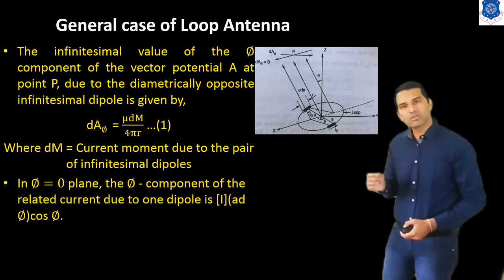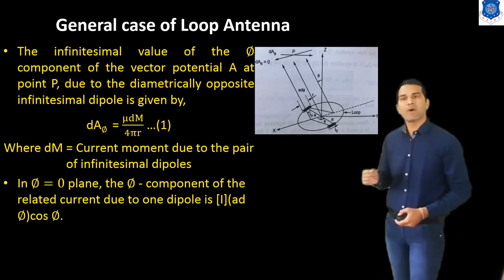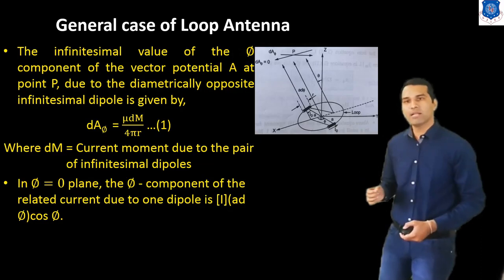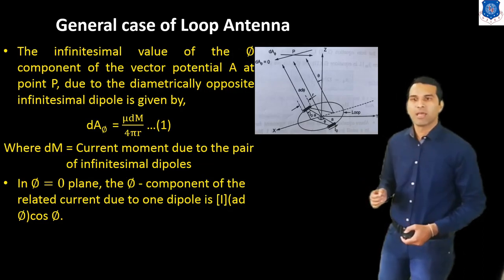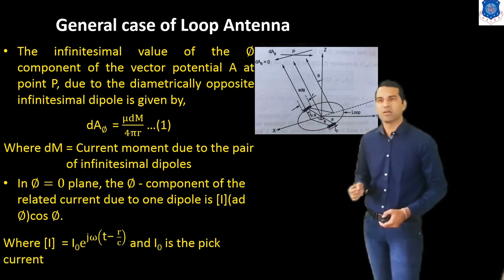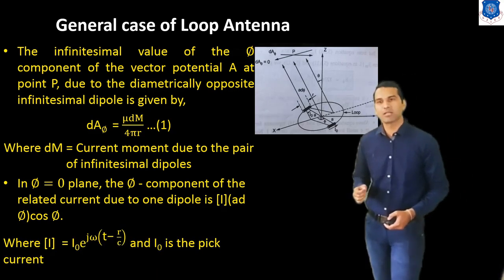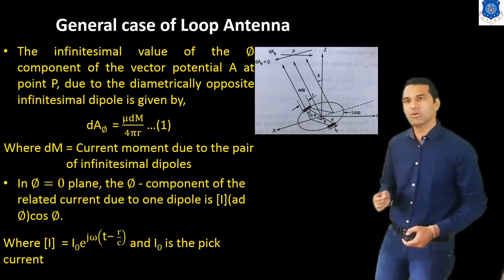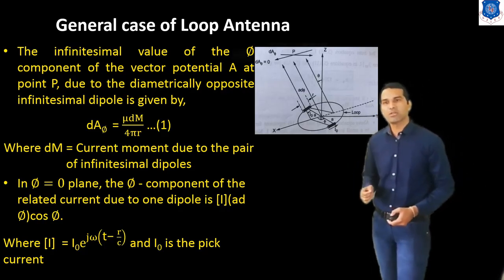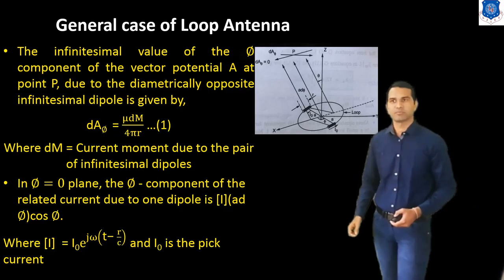In the phi equals 0 plane, the phi component of the current due to one dipole is I a d phi cos phi, where I is I0 e raised to j omega t minus beta r, and I0 is the peak current.